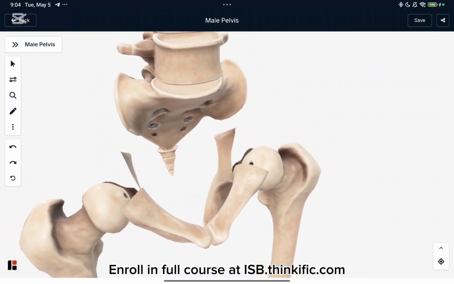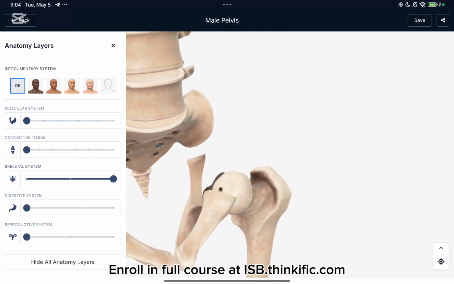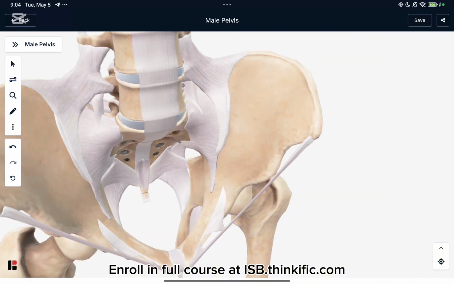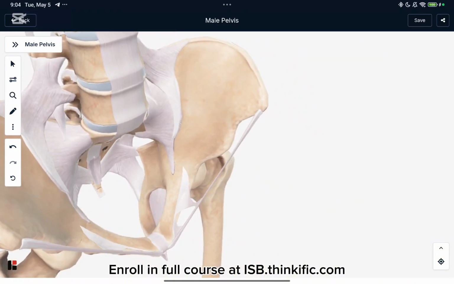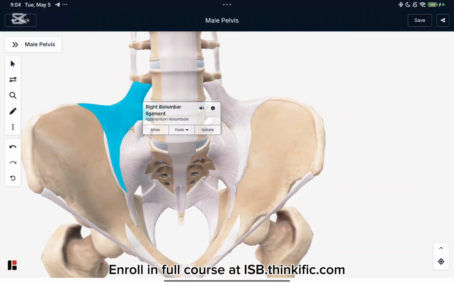Lumbosacral junction. What reinforces that? Let's go and see the ligaments which reinforce that. There are basically two important ligaments. There's a ligament here, highlighted, called the iliolumbar ligament.